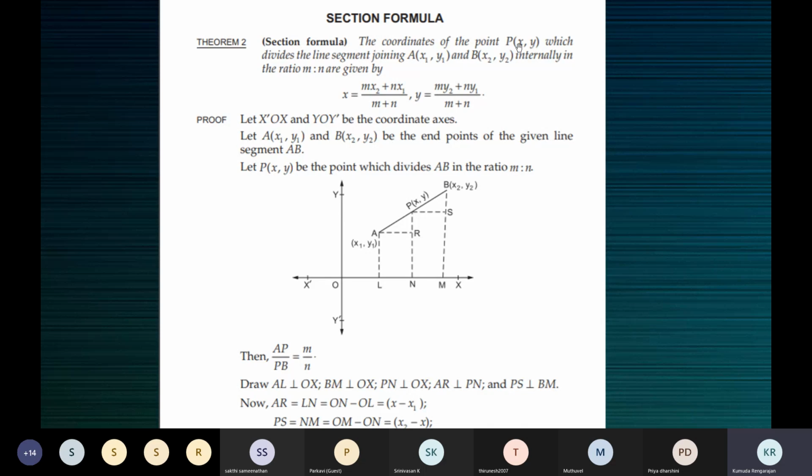So for finding the y coordinate of P, we use only the y coordinates of A and B and the ratio m is to n. To find the x coordinate of P, we use only the x coordinates of A and B, x1 and x2, along with the ratio m is to n.